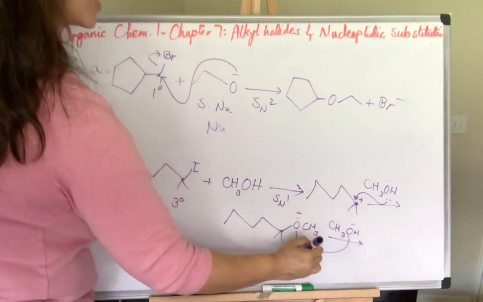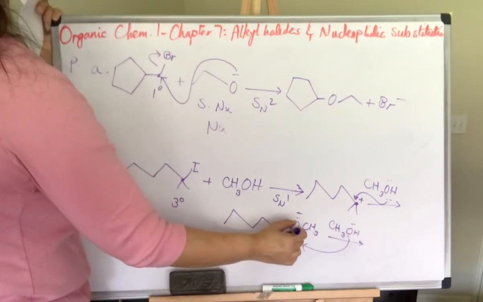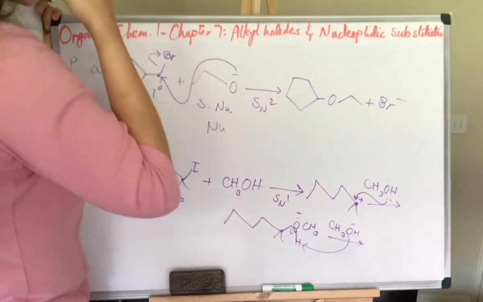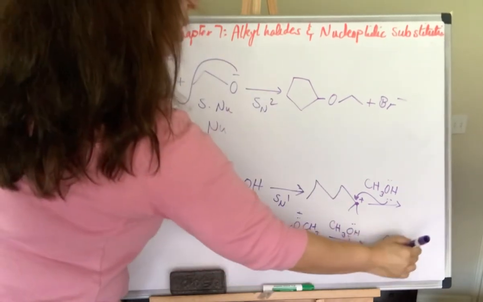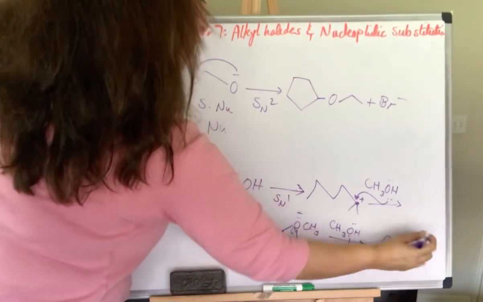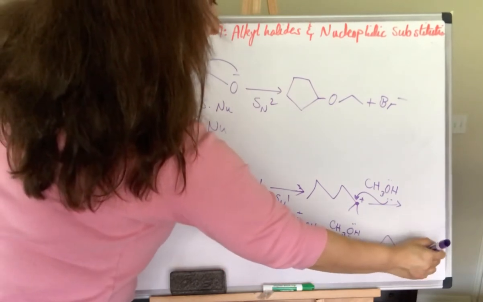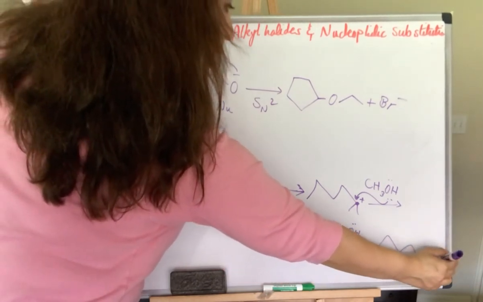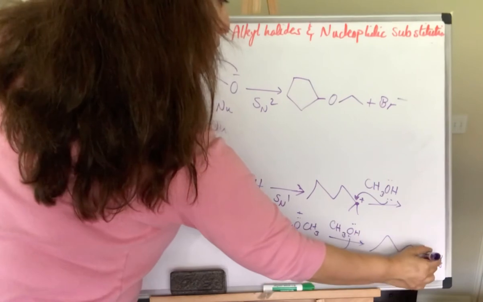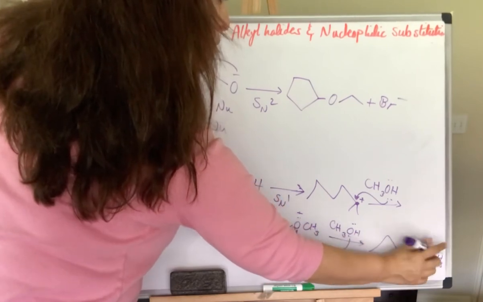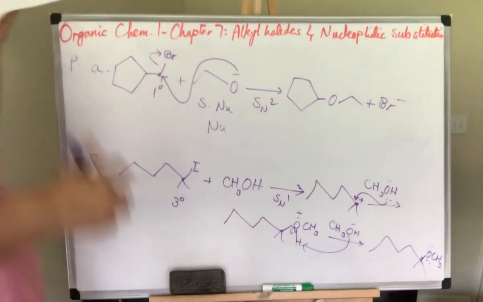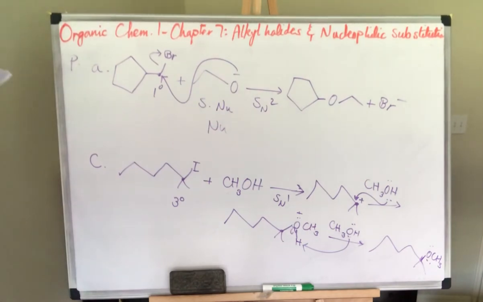The second one comes, grabs the hydrogen, leaves the electrons on oxygen to stabilize the charge on oxygen. OCH3 with 2 non-bonding electron pairs. That's the final product. I'm sure you can work on B and D.